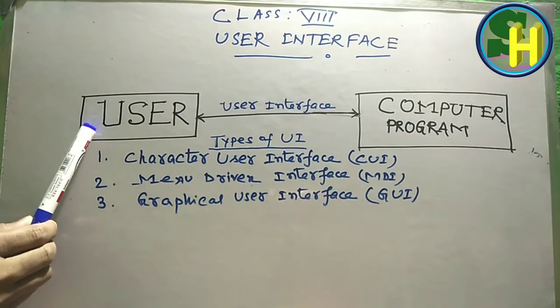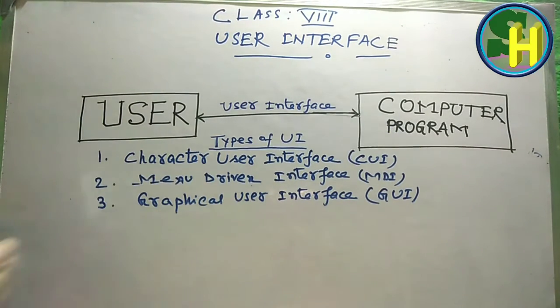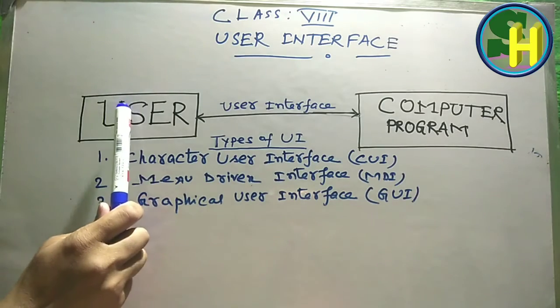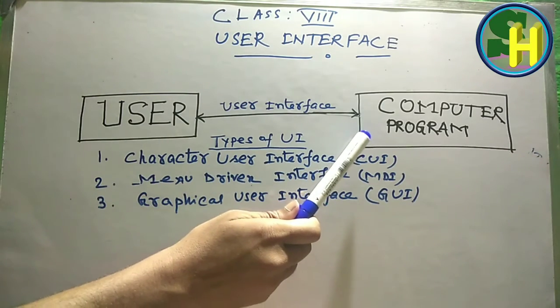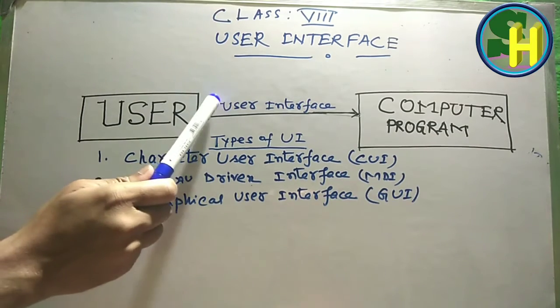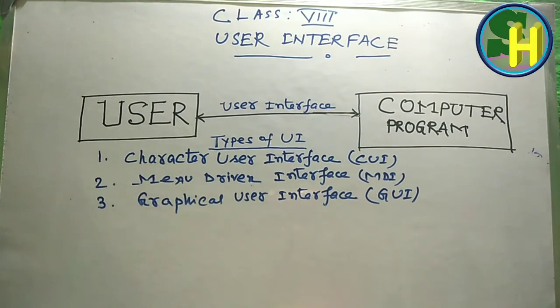In between the user and the set of commands of the computer, there is an interconnection between the user and computer through the user interface. It acts as a bridge or connection between the user and the computer program.